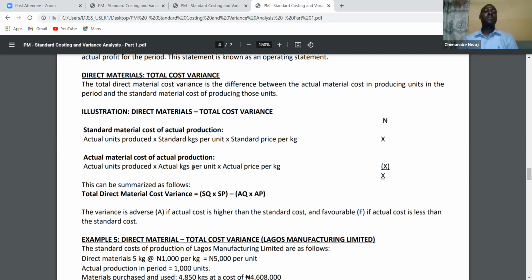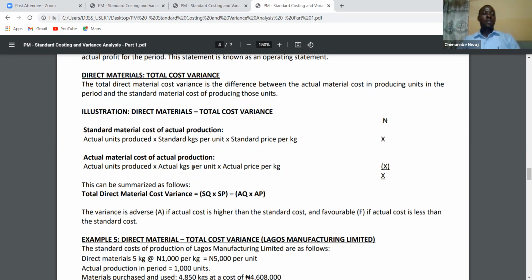Then the actual material cost of actual production. So the actual units produced multiplied by the actual quantity per unit multiplied by the actual price. That will give you something else. So when you find the difference, it is called your variance, your direct material cost total variance.